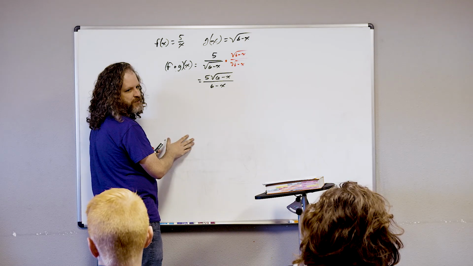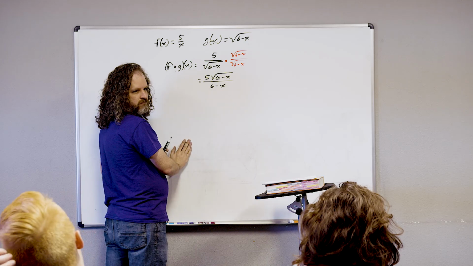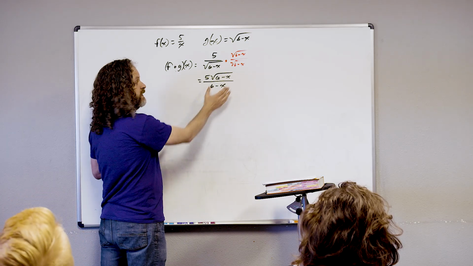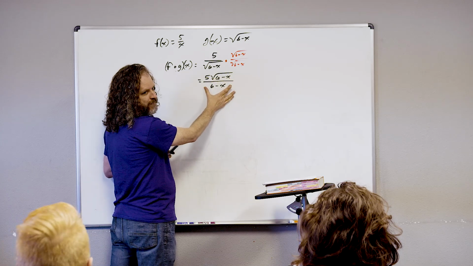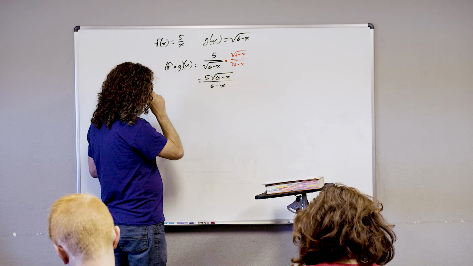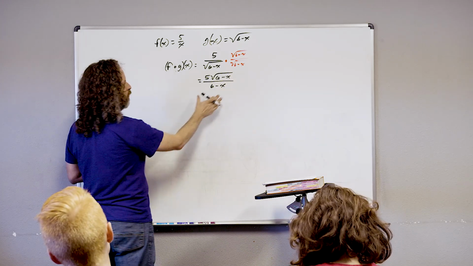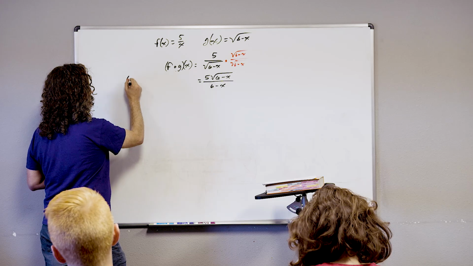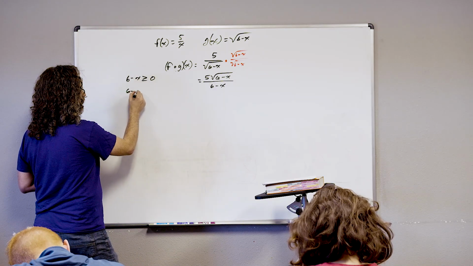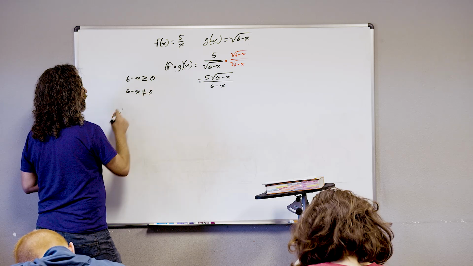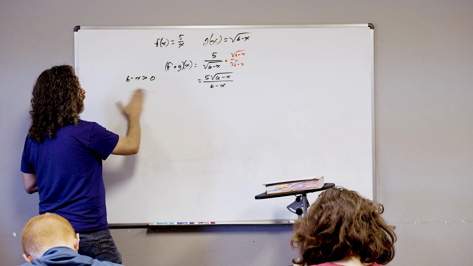The top one we can have 0, but we can't have a negative. The bottom we can't have 0. The tricky part is that x can be 0, but the whole expression can't be. So for the top, 6 minus x has to be greater than or equal to 0, and for the bottom, 6 minus x cannot be 0. So we combine both into one.